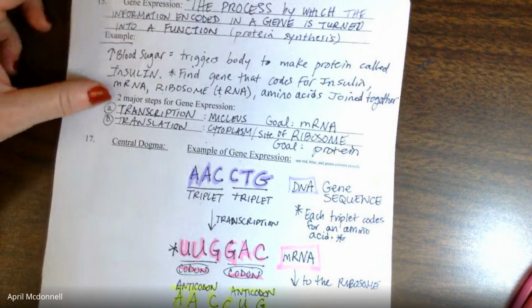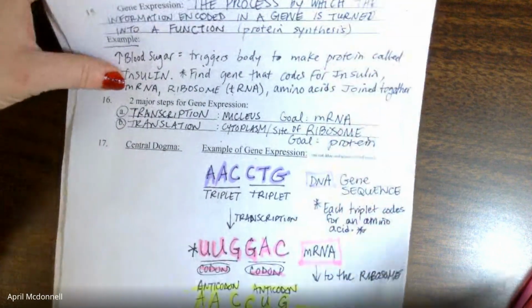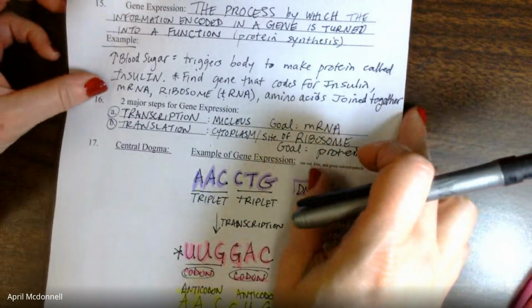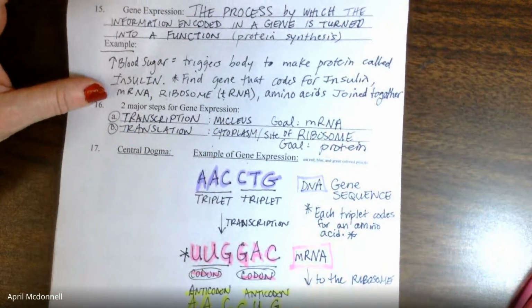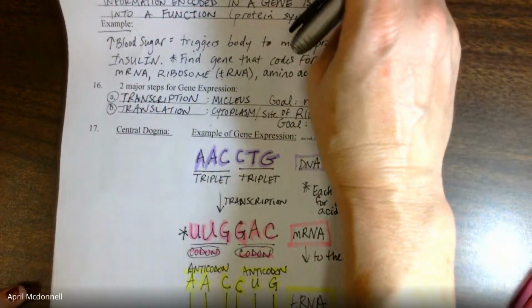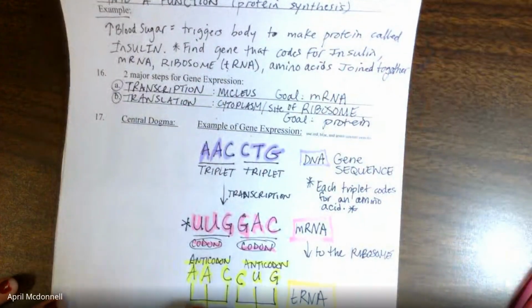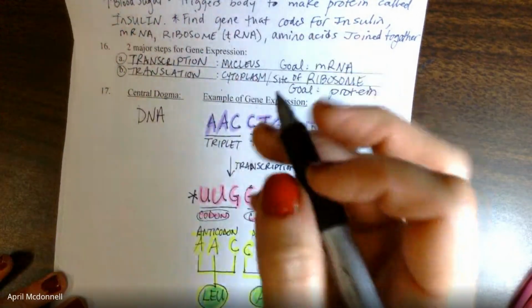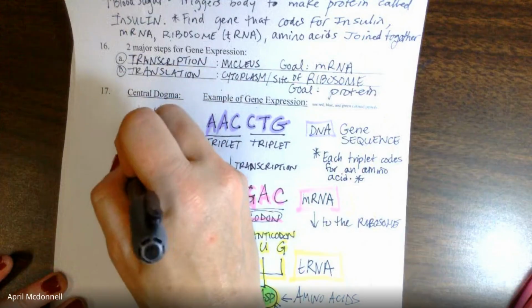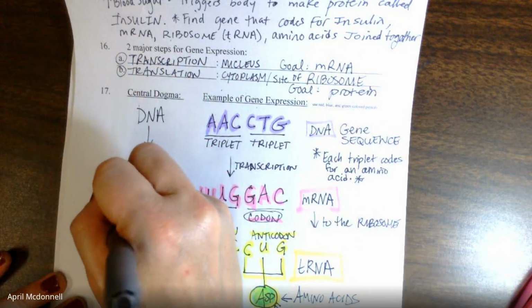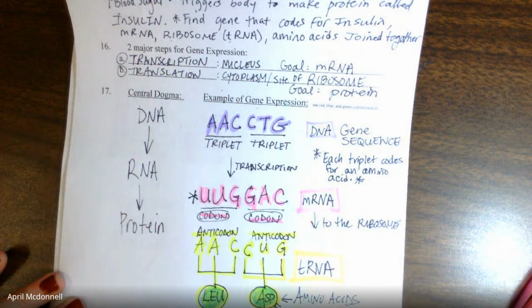I want to go ahead and mention the central dogma. In science, we call it a central dogma, and it basically states that the flow of genetic information in any type of cell starts off with DNA and then goes to RNA, which could be your messenger RNA and your transfer RNA, and then ends up as a protein.